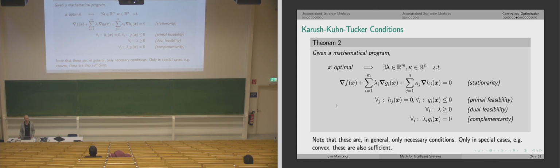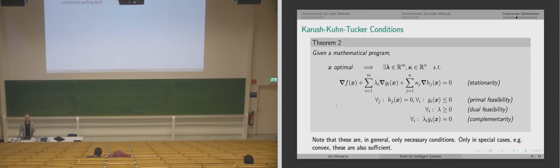That's the notion that the product between the inequality constraints and the Lagrange multipliers has to be 0, meaning that either a constraint is inactive, meaning its Lagrange multiplier is 0, or a constraint is active, meaning that you have to be at the boundary. So G has to be 0.